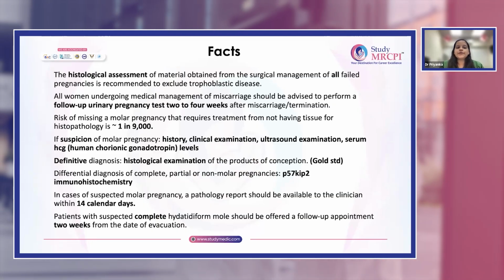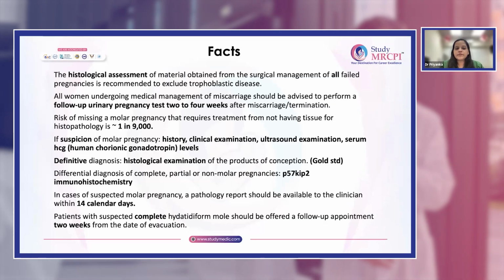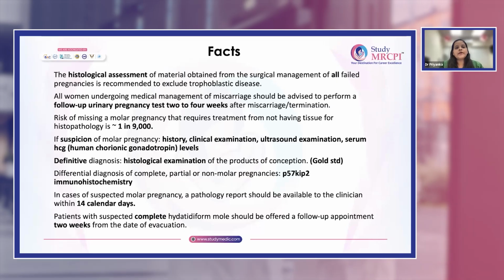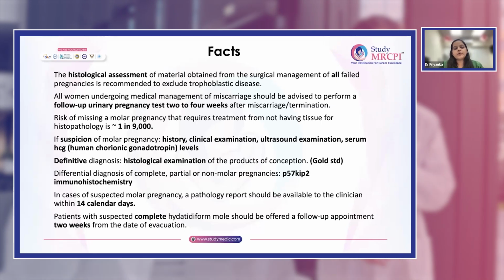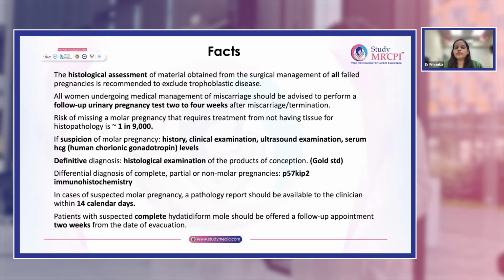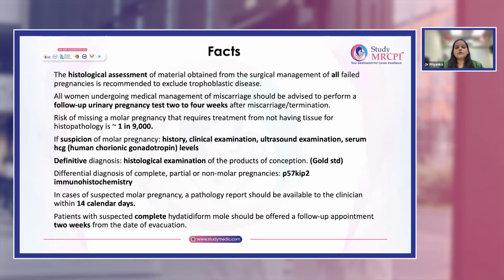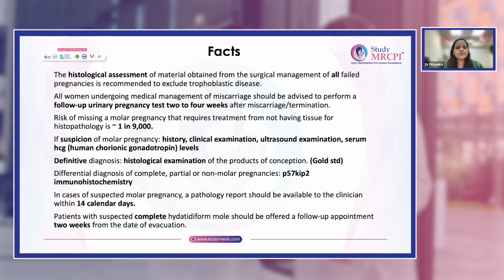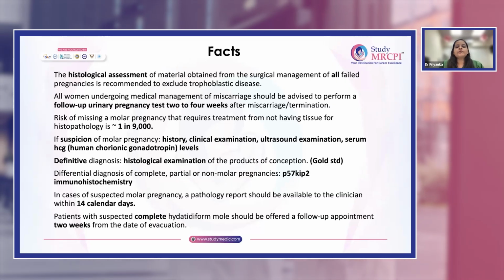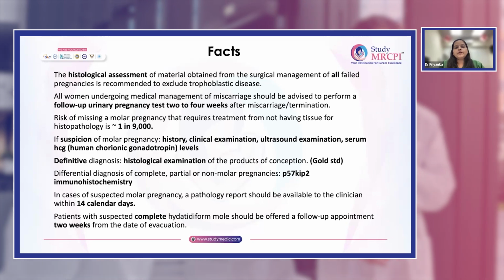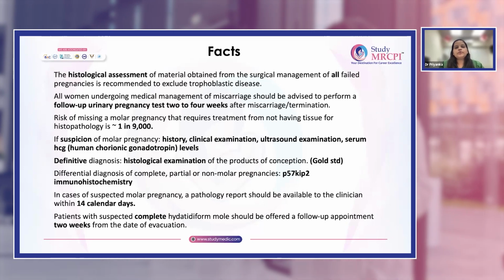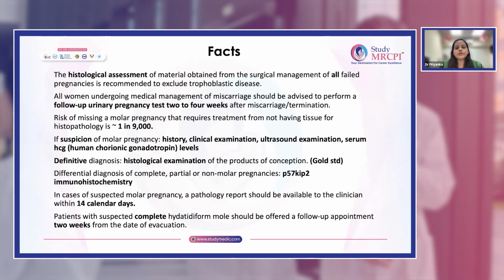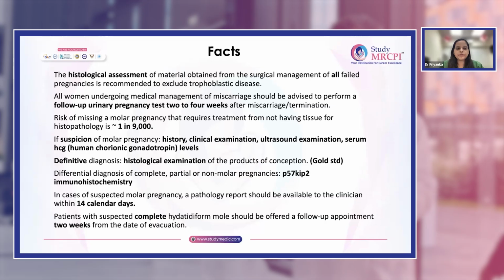We also need to do serum chorionic gonadotrophin levels, because these values will be very high in a molar pregnancy, especially a complete molar pregnancy, because there is no fetal tissue and all the tissue present is trophoblasts, which secrete HCG. So the HCG values will be very high. But the definitive gold standard to confirm a molar pregnancy is the histopathological examination of the products of conception.